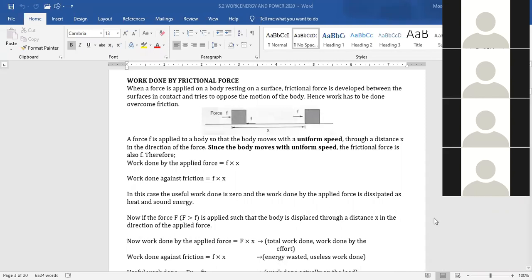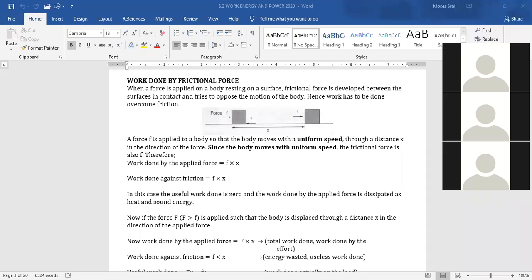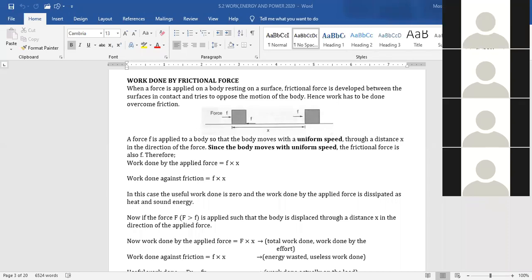Can anyone tell us what friction is? Do you see the document, girls? Yes, teacher. Anybody, let us remind ourselves about friction force.